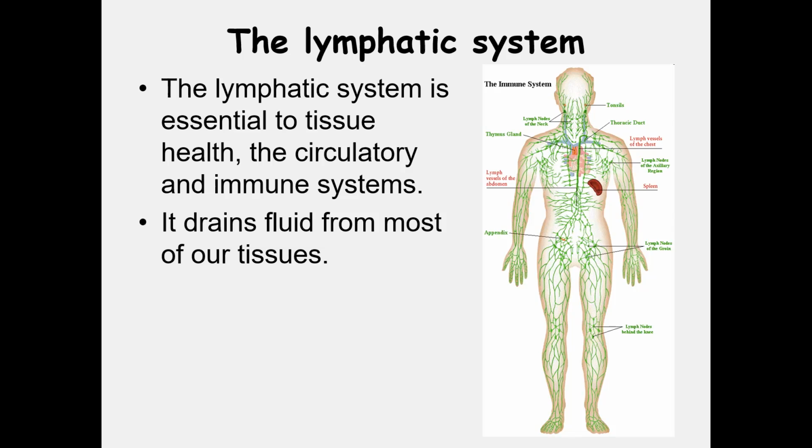Now, a closed system finishes where it starts. It starts at the heart, goes on in the body, comes back to the heart. The lymphatic system is an open system because it starts in the tissues. And it works its way back to the heart and becomes part of it again.